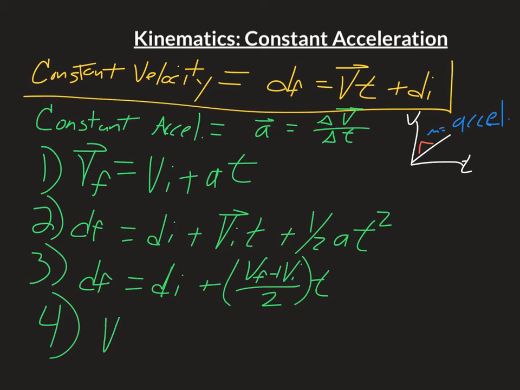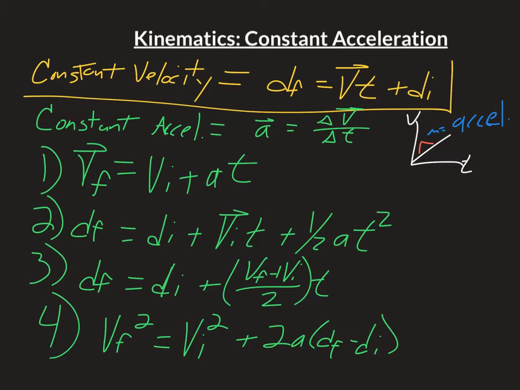And our fourth one, velocity final squared equal to velocity initial squared plus 2 times acceleration times basically the change in displacement, so df minus di.